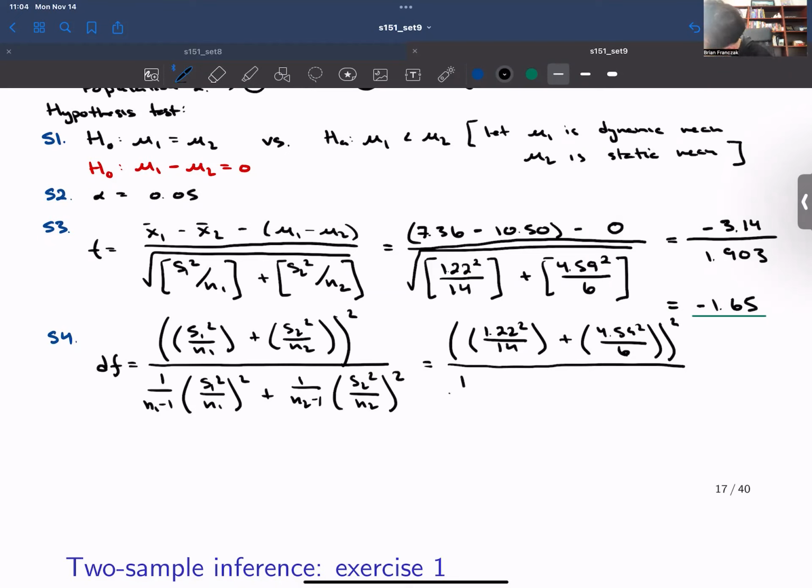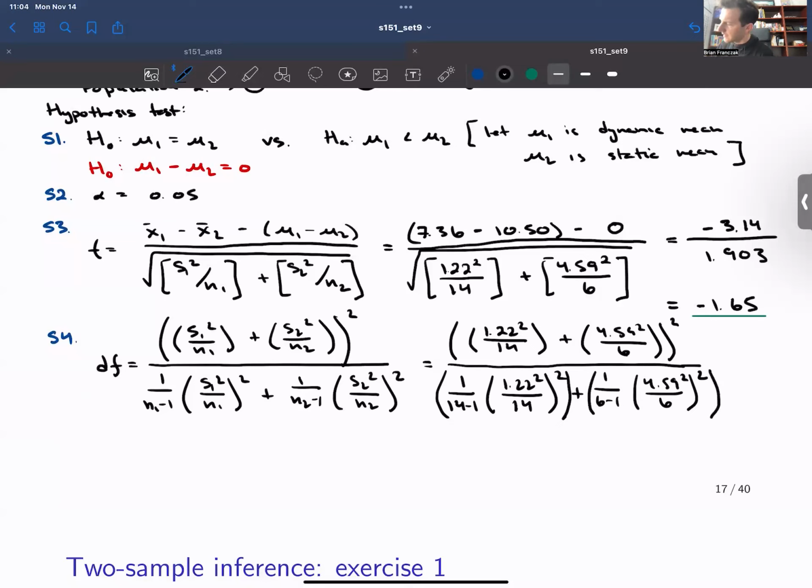And then on the bottom, we're going to have this. And then similarly, we'll just want to make sure that we do these 2 parts first and then add, and then we can put the whole thing together.